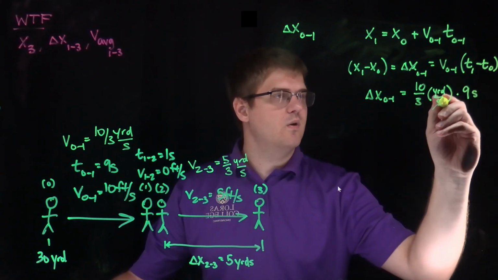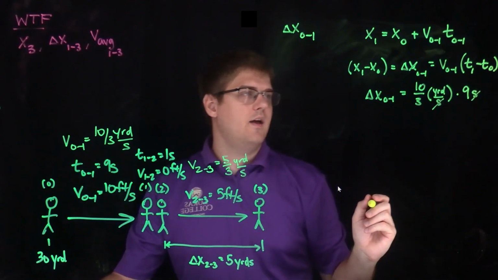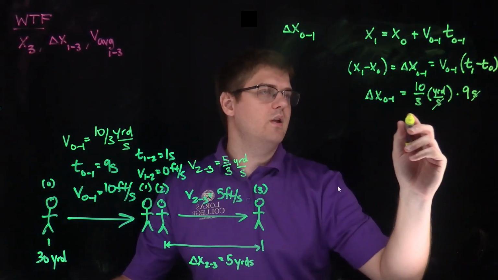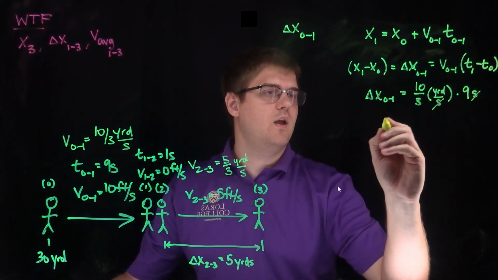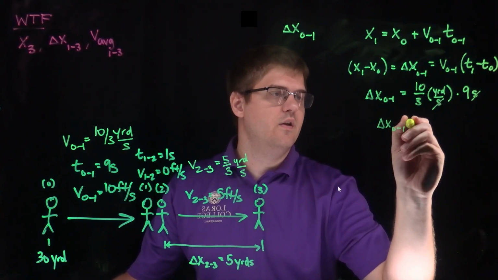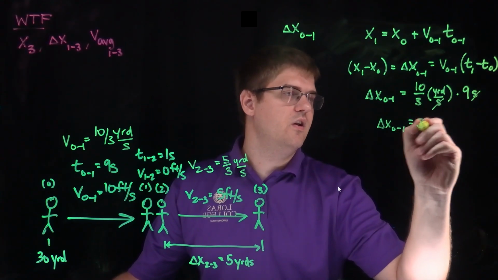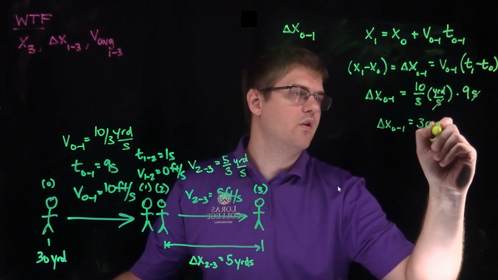My seconds are going to cancel, and I will get an answer in yards. So that is 10 times 3 because the other 3's cancel. So we have delta x from 0 to 1 is going to be equal to 30 yards.